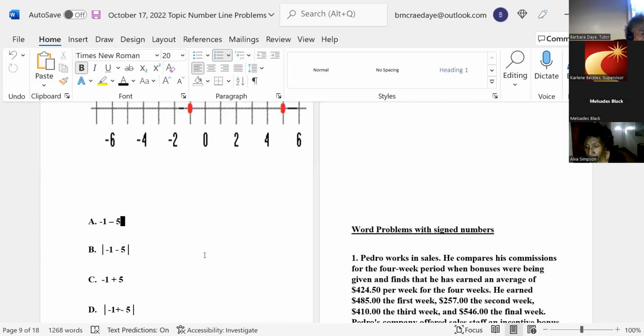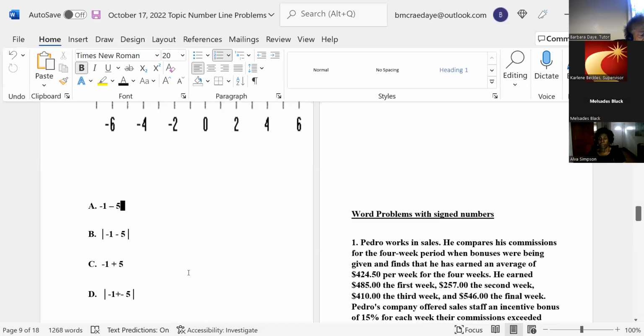B. That's right. -1 minus 5 gives you -6, and the absolute value of -6 just gives you 6. Very good. The answer is B.